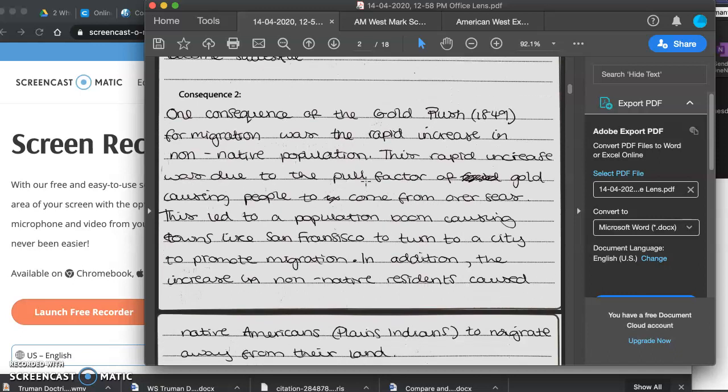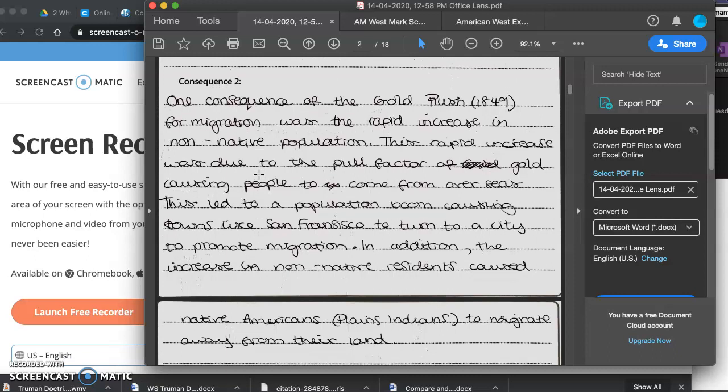4 marks for that. Another consequence was a rapid increase in the non-native population. This rapid increase was due to people coming from overseas. In addition. Okay. But the problem is, this is America in the 1840s. Okay, gotcha. So others, yeah, that makes perfect sense.